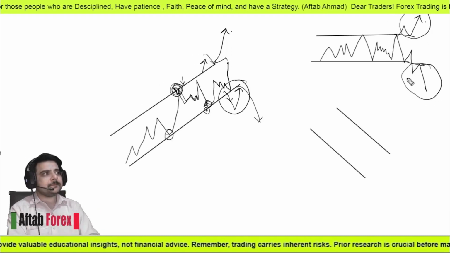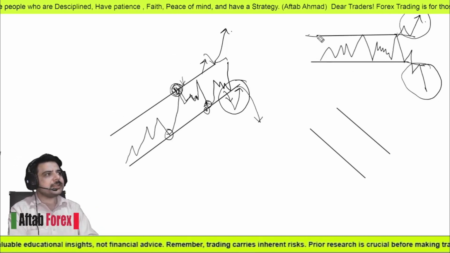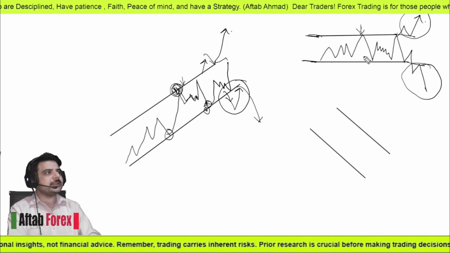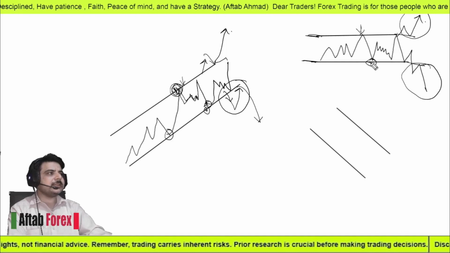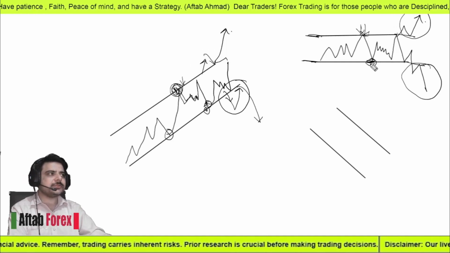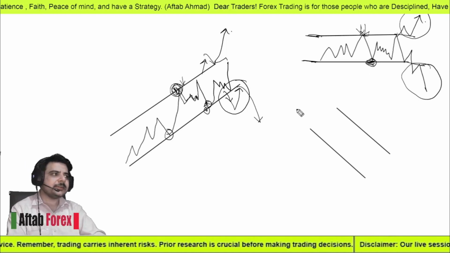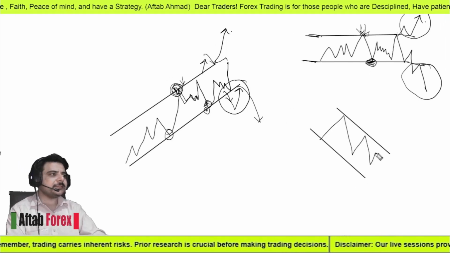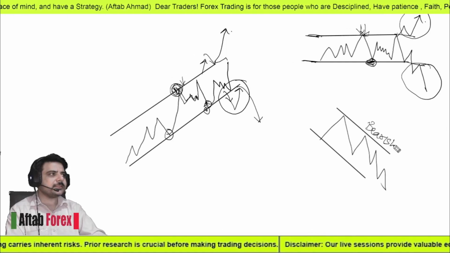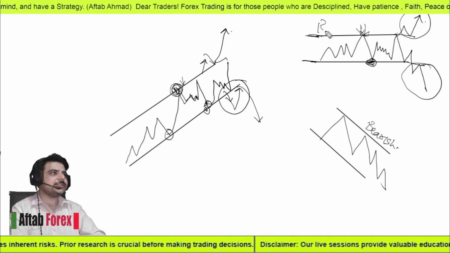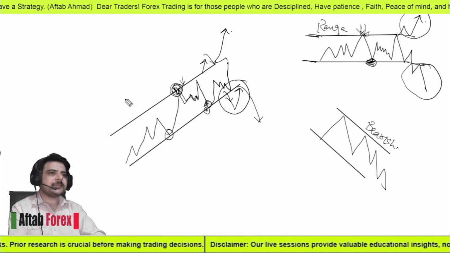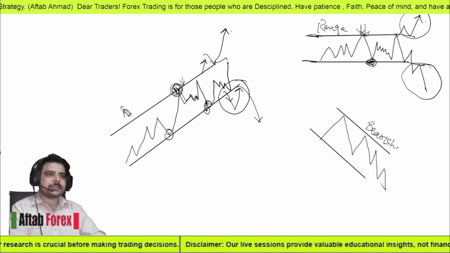Now remember, if this is a channel and you want to focus on this one, your targets will be this. You enter at the resistance, you exit at the support. And similarly right here, this is the bearish, this is the range, and this is the bullish.